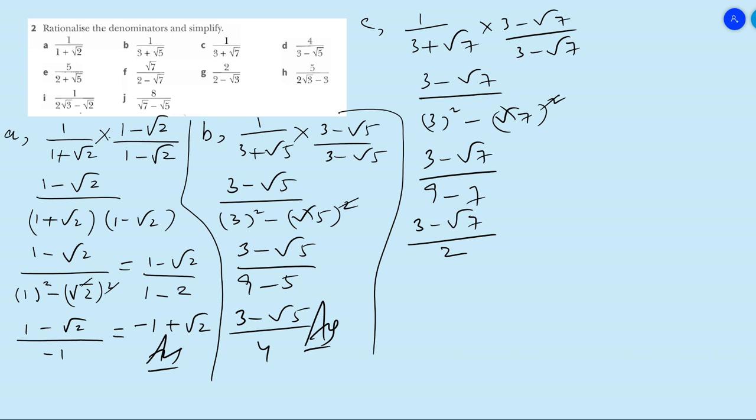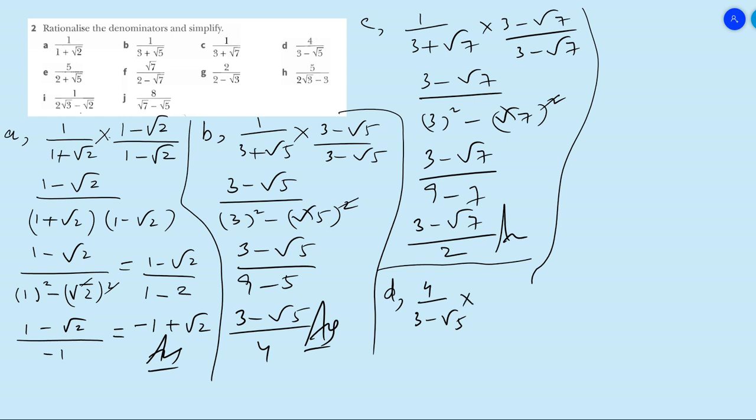So (3 minus root 7) upon 2 is our final answer. Come to part D. Part D, you can see on the screen, is 4 upon (3 minus root 5).